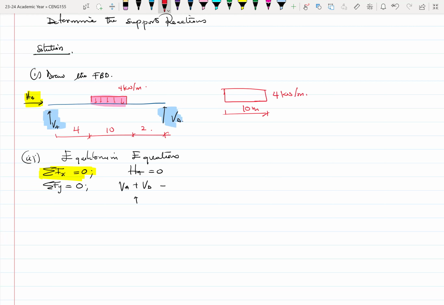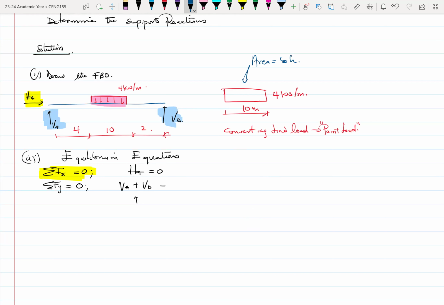So here I'm converting the line load to, let's say, a "point" load. Okay. So here is simply multiplying the base. The area of a rectangle is what?